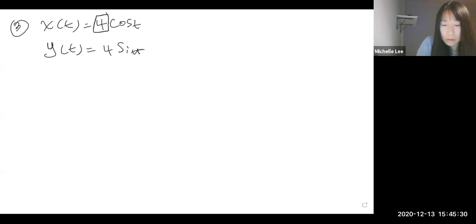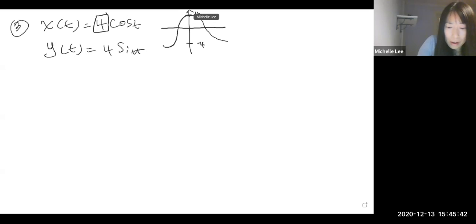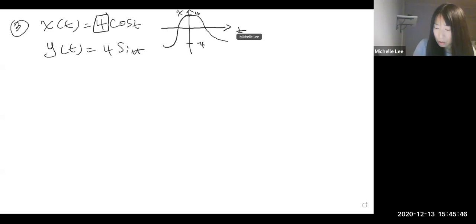Cosine t looks like that, but in this case 4, in this case a negative 4, right? And this is x, this is t. Like the earlier problem, we read it like this, right?